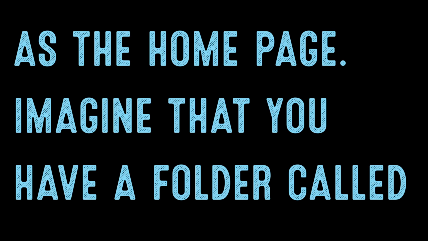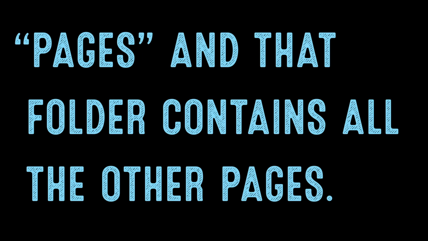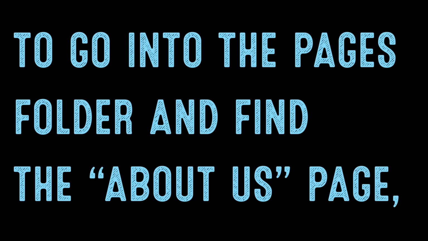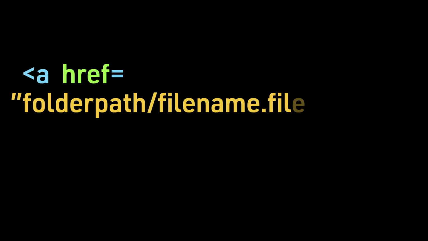Imagine that you have a folder called Pages, and that folder contains all the other pages. To get to the About Us page, you would need to go into the Pages folder and find the About Us page, pages/aboutus.html. The code would look like this.